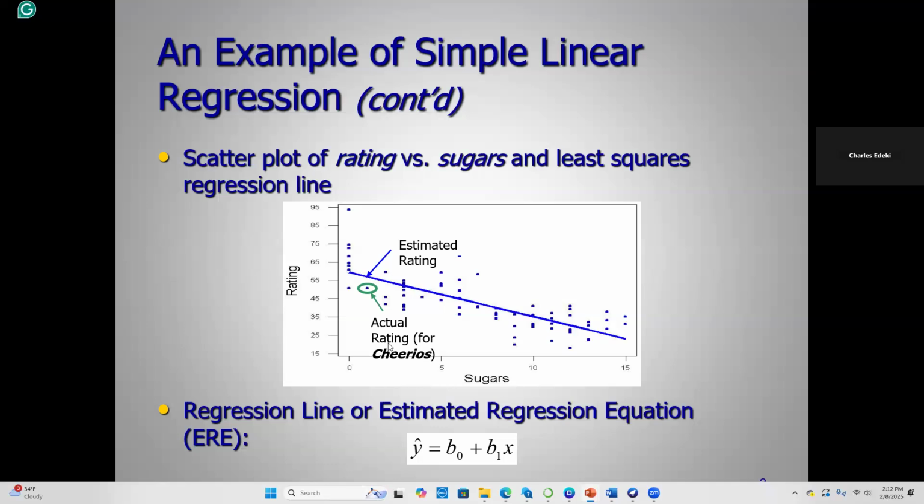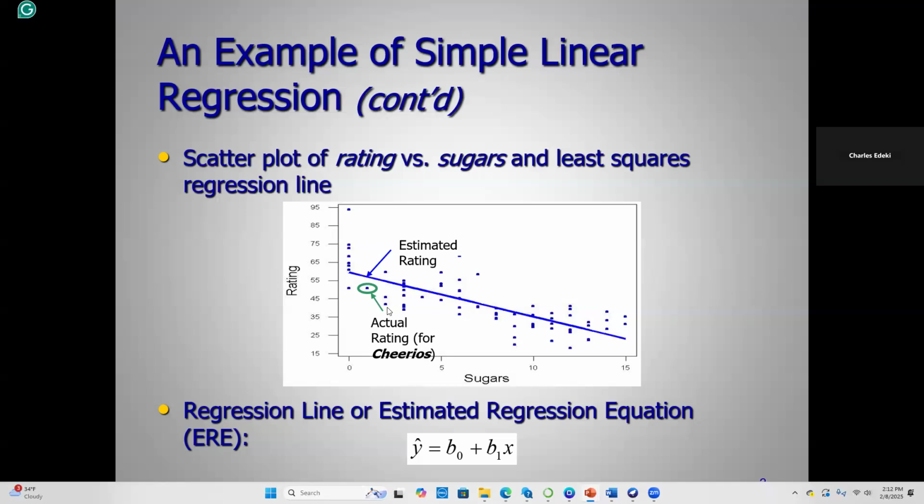So based on this data set we want to work on, we were able to visualize it here. And then we can see a pattern of, as we said earlier, decreasing. So this will tell us that as the sugar increases, the rating goes down. When the sugar decreases, again, the rating will go up.